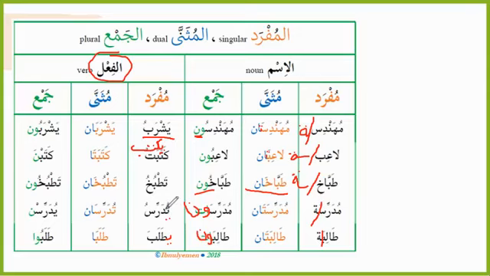Yadrusu, this is the ta for a feminine. They're just showing you the different kinds. Let's just imagine this one's not there. Yatbukhu, yaktubu, yashrabu. This is for adding it to the verb. This one is actually a hidden pronoun for a singular, so the verb would actually contain that particular pronoun.